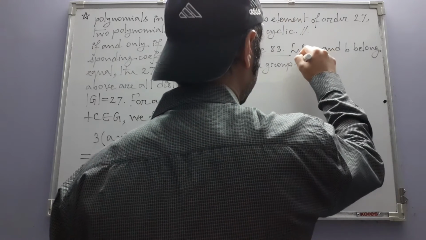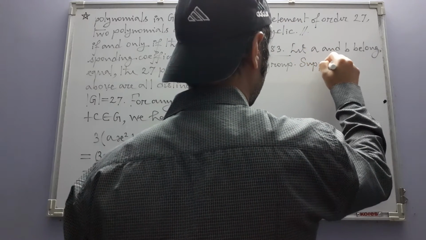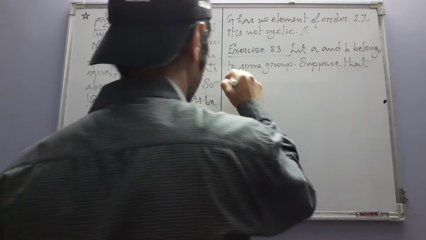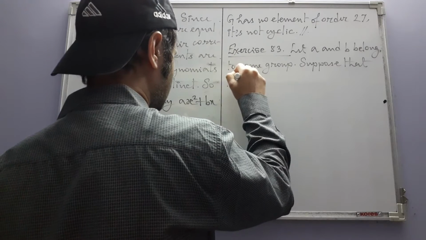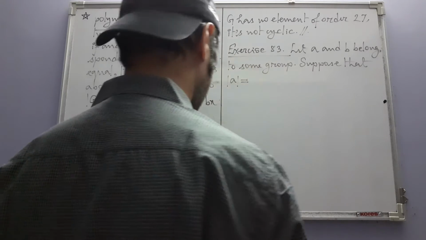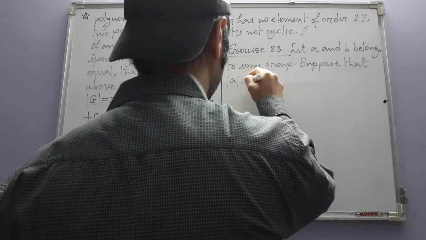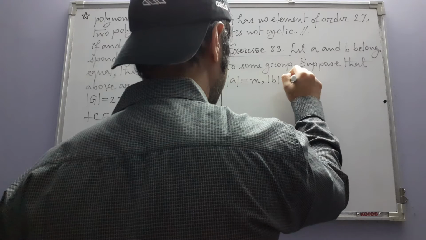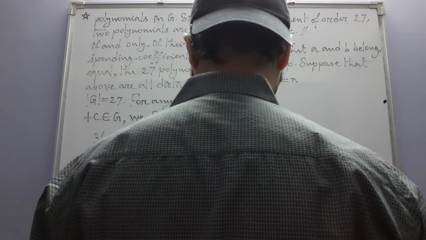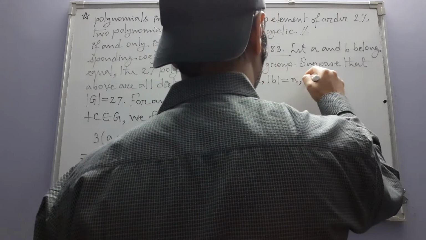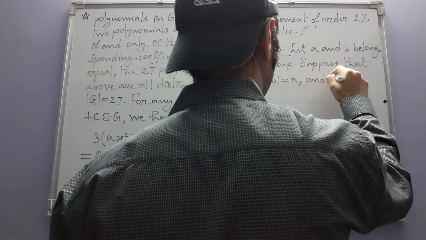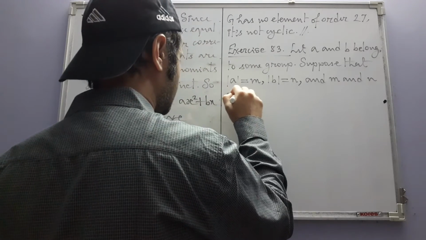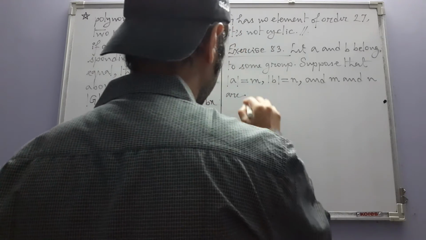Suppose that the order of A is M, the order of B is N, and M and N are relatively prime.